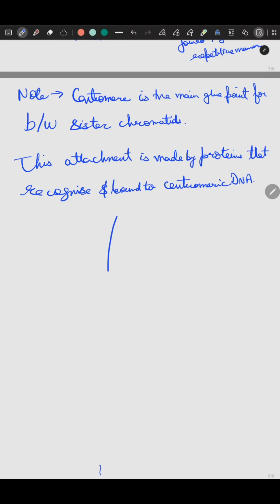For example, this is the centromere. It has some DNA. The attachment here is due to some proteins, which we'll study in biomolecules, which help in binding the DNA.